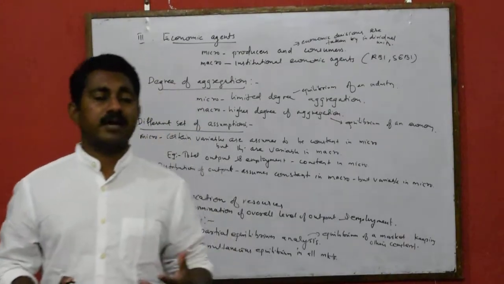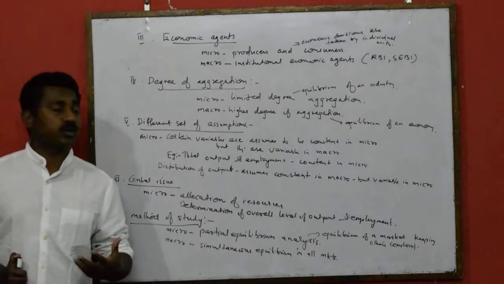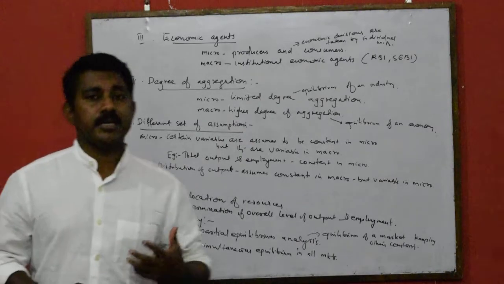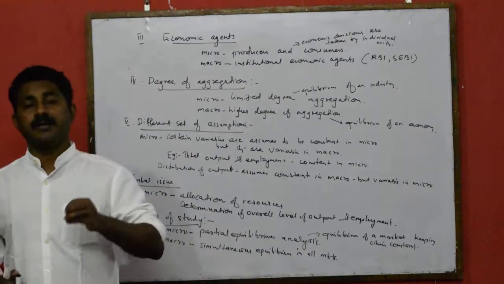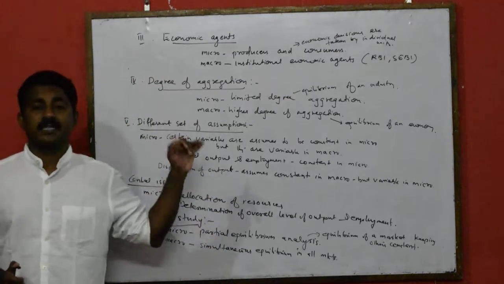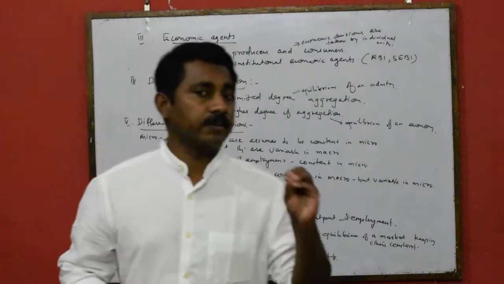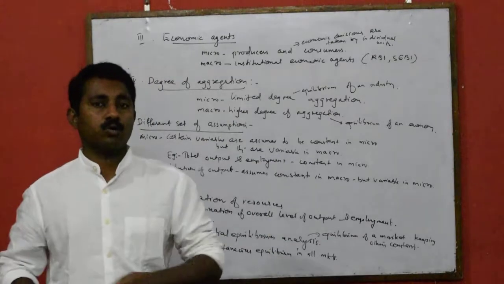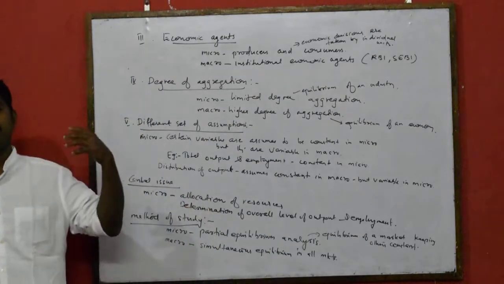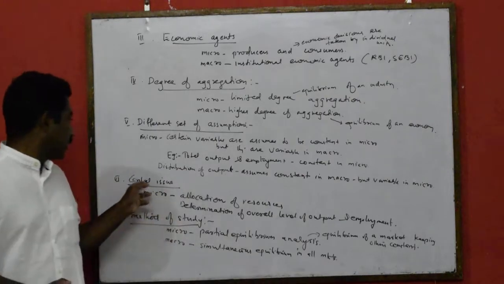So the distribution of output is constant in macro, but it is variable in micro. So fifth point is different set of assumptions. Some variables are assumed to be constant in micro but may be variable in macro, and some variables are assumed to be constant in macro but may be variable in micro also.